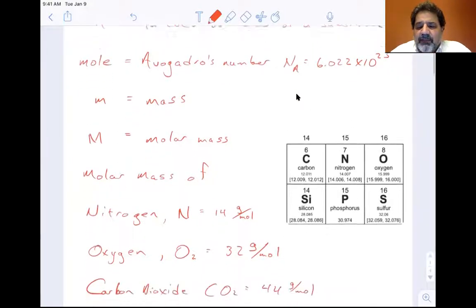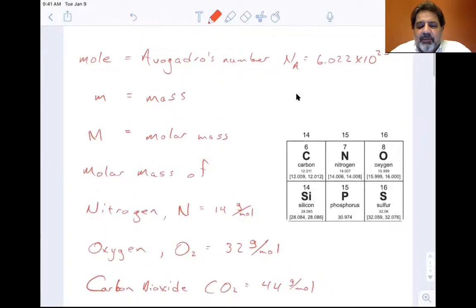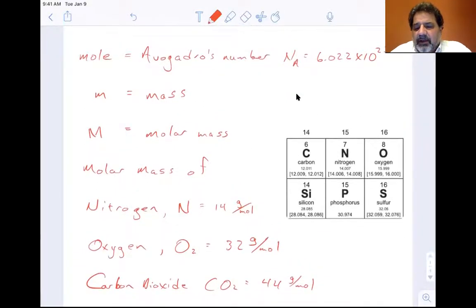Now, what is the molar mass? Well, I've got a section of the periodic table here: carbon, nitrogen, oxygen, silicon, phosphorus, and sulfur. We'll concentrate on the top three. The number immediately under the chemical name: carbon is 12.011, nitrogen 14.007, and oxygen 15.999.